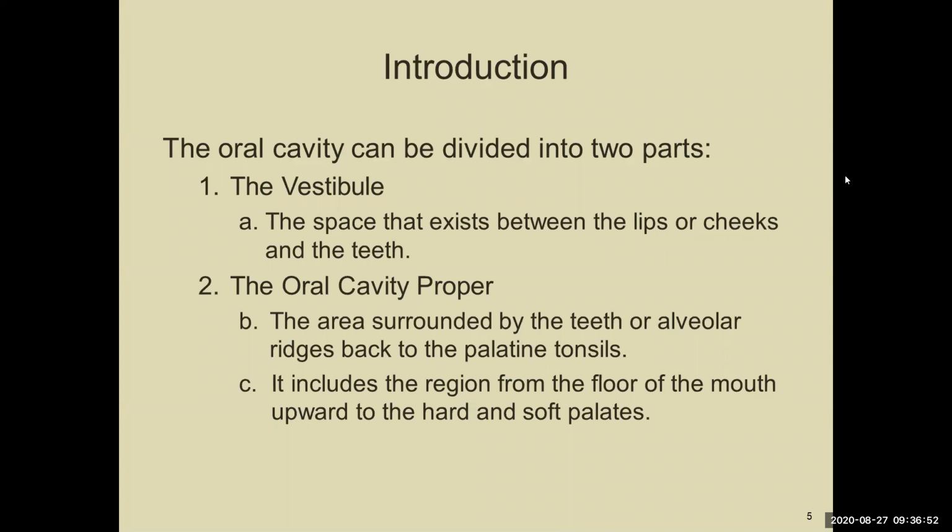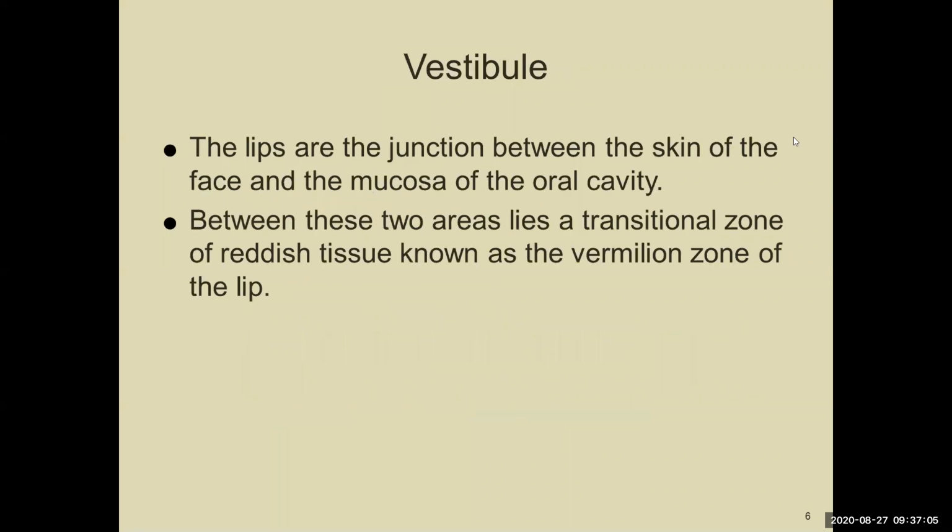So the oral cavity proper includes the region from the floor of the mouth underneath your tongue upward to the hard and soft palates. All of that encompasses the oral cavity. So the vestibule, remember, was between the lips and the cheeks and your teeth. The lips are the junction between the skin of the face and the mucosa of the oral cavity.